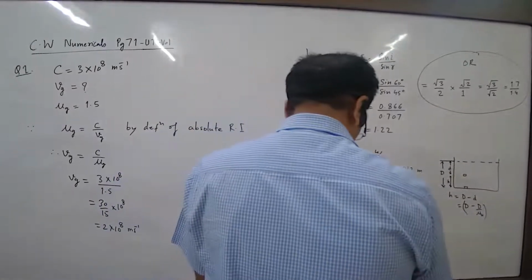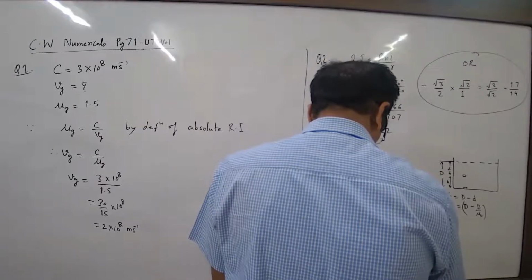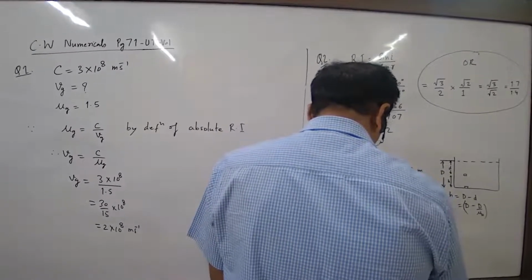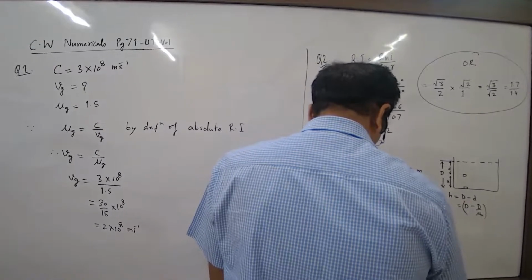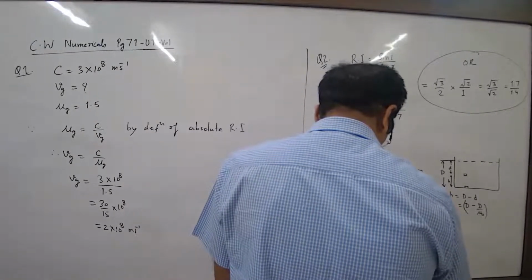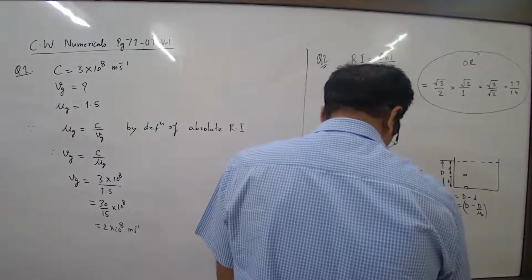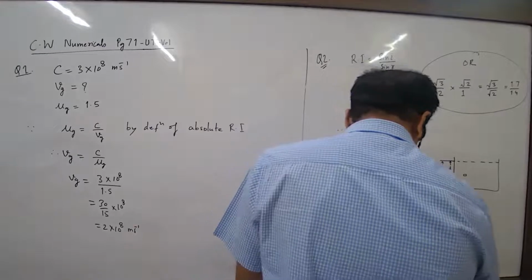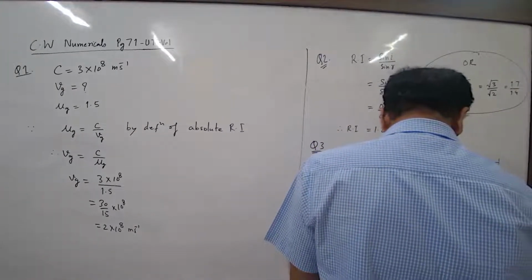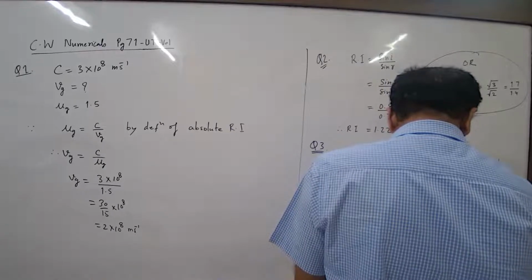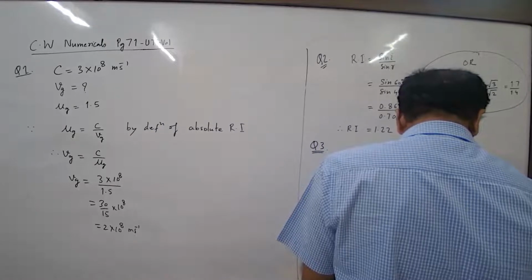So how much is this? This is D into 1 minus 1 by mu w. D is 0.12, into 1 minus 1 by 4 by 3. So 1 minus 3 by 4.